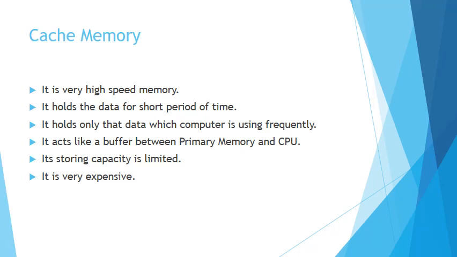So some of the data of that instruction will be stored in cache memory so that the computer can access that data very fast. The storage capacity of cache memory is very limited and it is very expensive also.